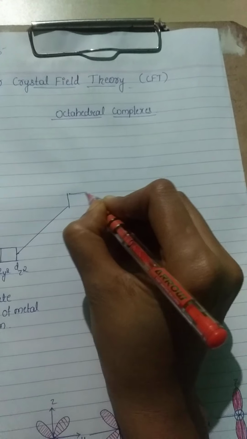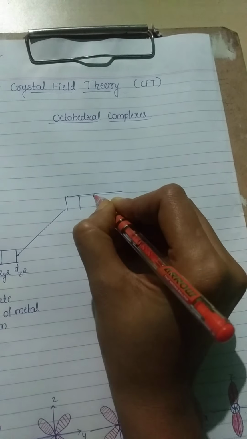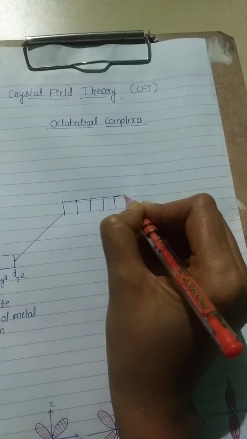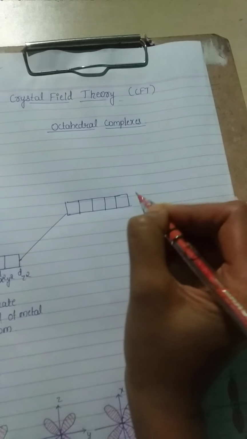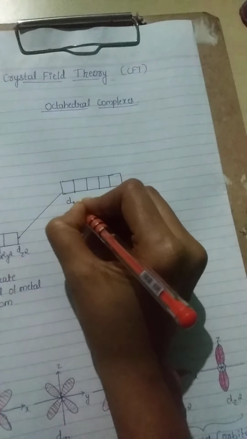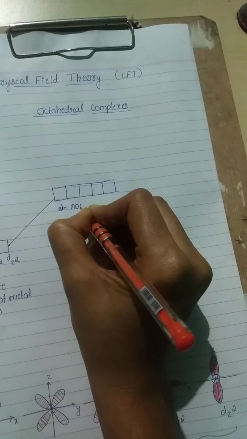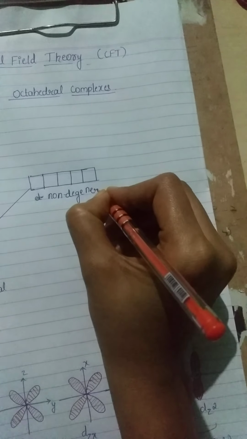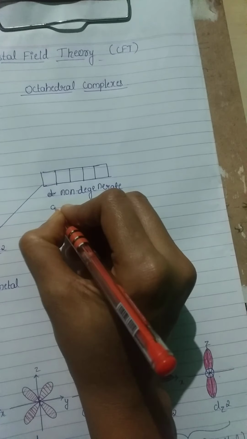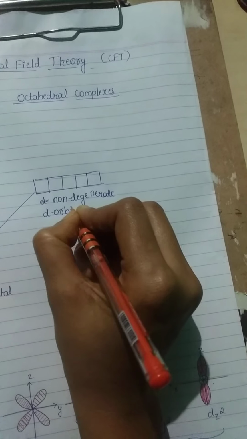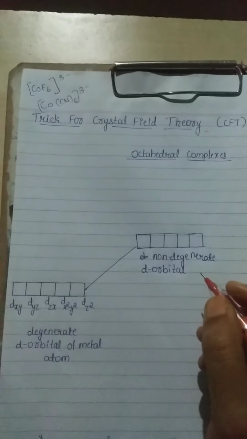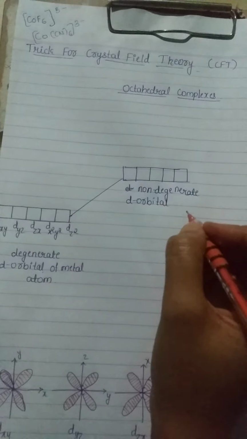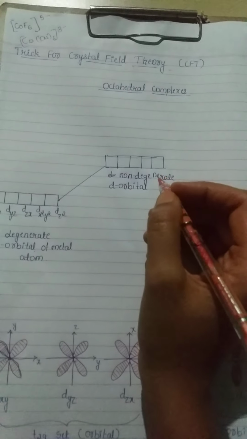That is called non-degenerate d orbitals, or average degenerate d orbitals also.